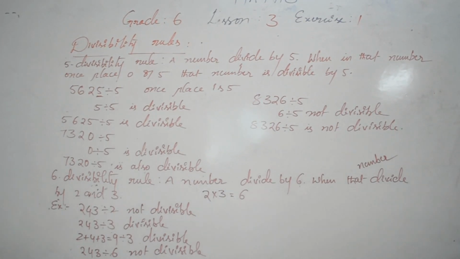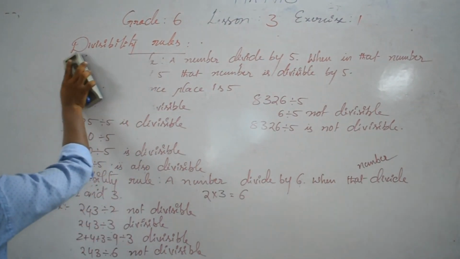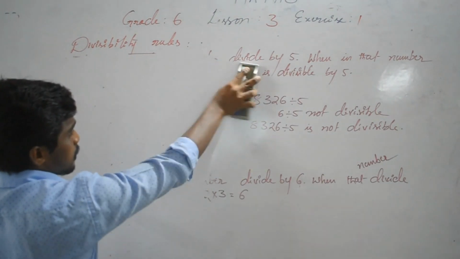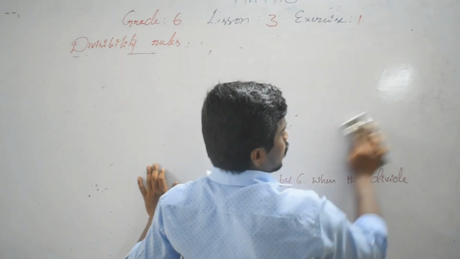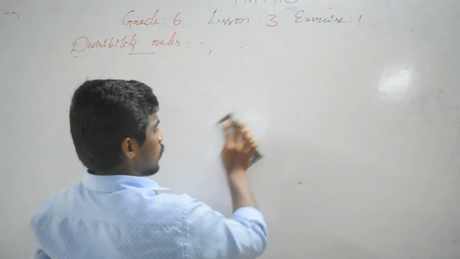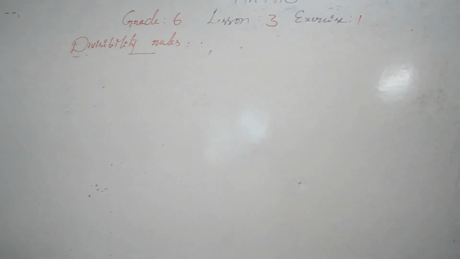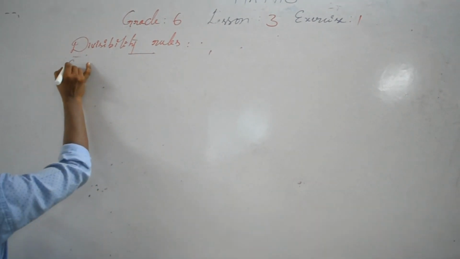Next one, the 8 divisibility rule. What is the 4 divisibility rule? Easy: the last 2 numbers. So for 8 it means the last 3 numbers. Simple.